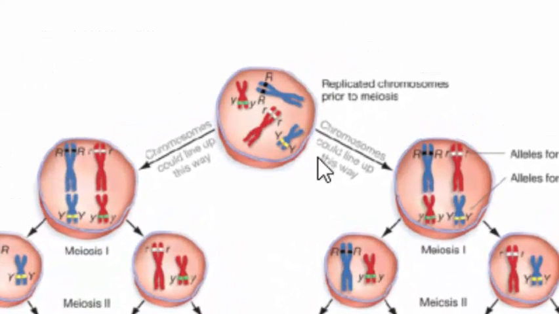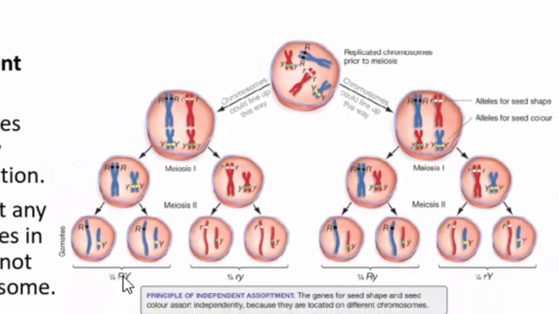So here we have 2 genes, R and Y, and R and Y are on different chromosomes. So when you produce gametes, you can get every combination of alleles of the 2 different genes in each of your gametes. Well, I should say 4 possible gametes that you could produce, depending on where you're getting your particular chromosome from.